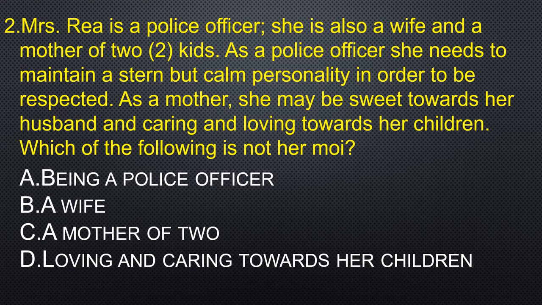It answers the question who she is in the society, that is her status. A wife is also what you call her moi, meaning who she is in the family. She is the wife and a mother of two. So moi basically pertains to your biological, physical attributes or characteristics as well as your social status.